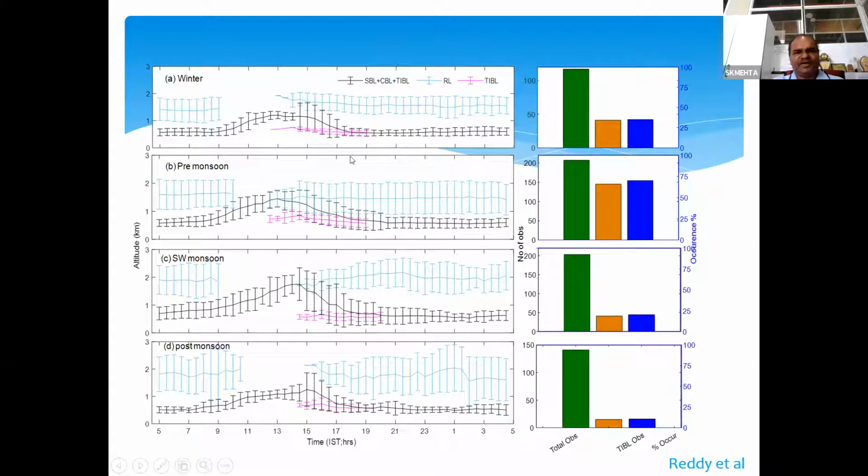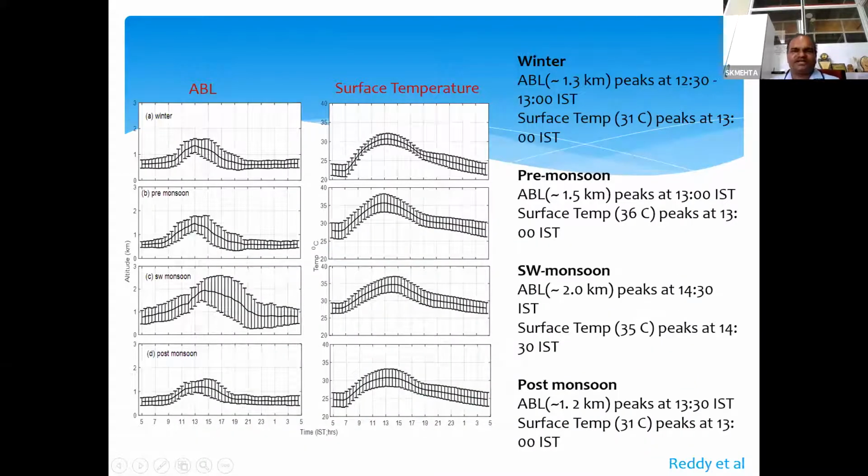Then we also compare, just to know about the forcing. Generally it is the surface forcing, we take temperature, and there are many other forcings also. But first we just see how the diurnal variability of ABL height and the surface temperature looks, and also the peak timing, peak temperature and the peak ABL height.